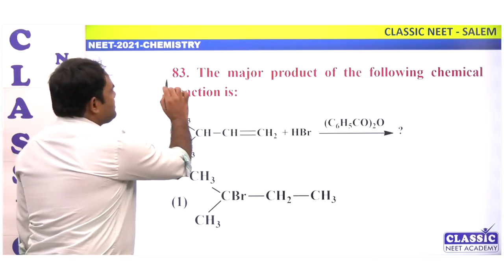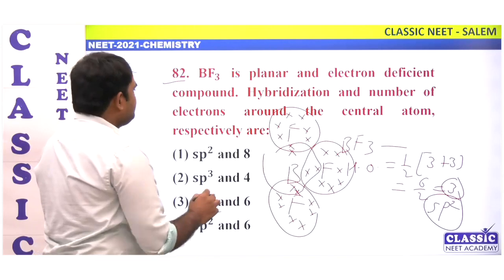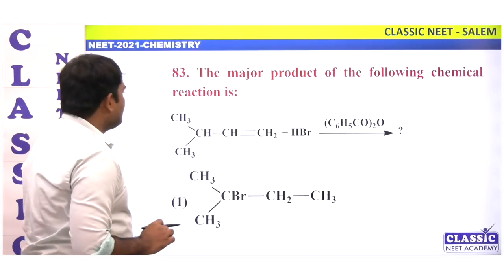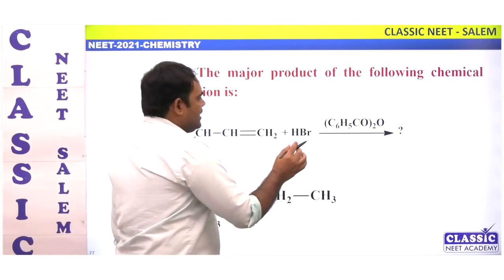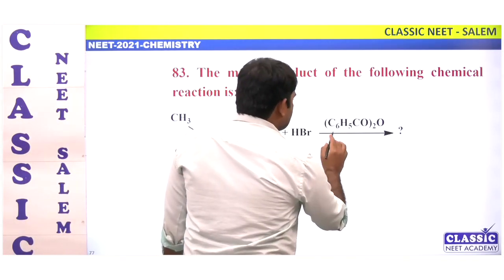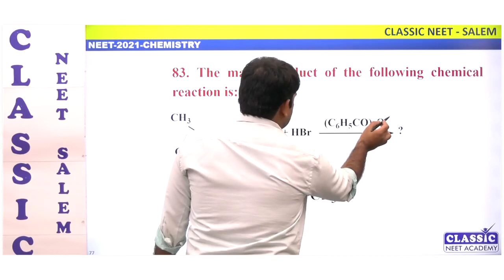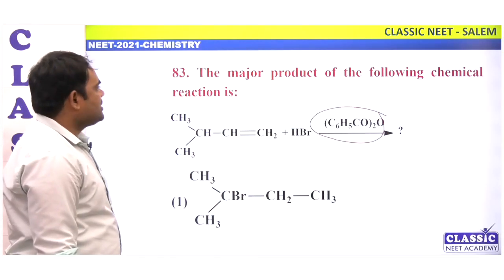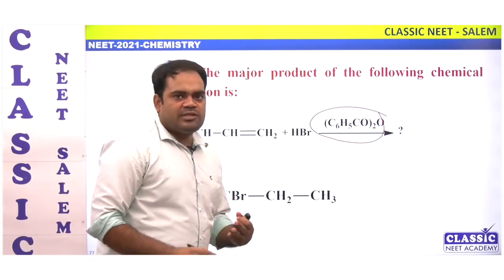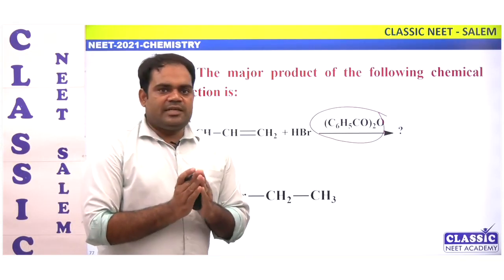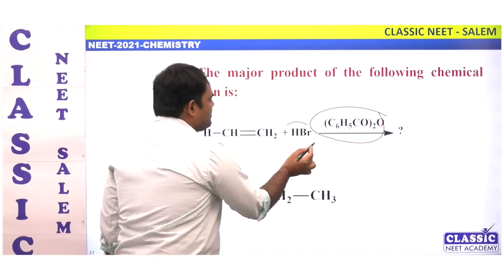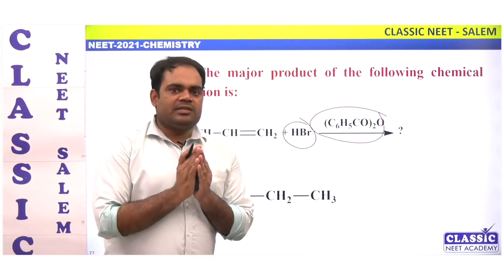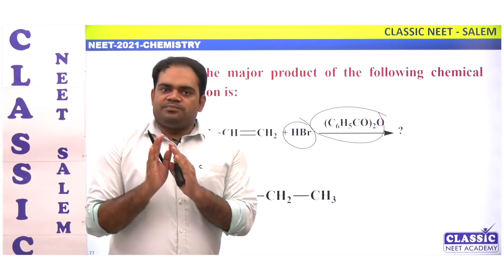Next one. The major product of the following chemical reaction is. This is actually peroxide. So here we have to check which one is our major product. In the presence of peroxide and hydrogen bromide, we are going to do anti-Markovnikov addition.